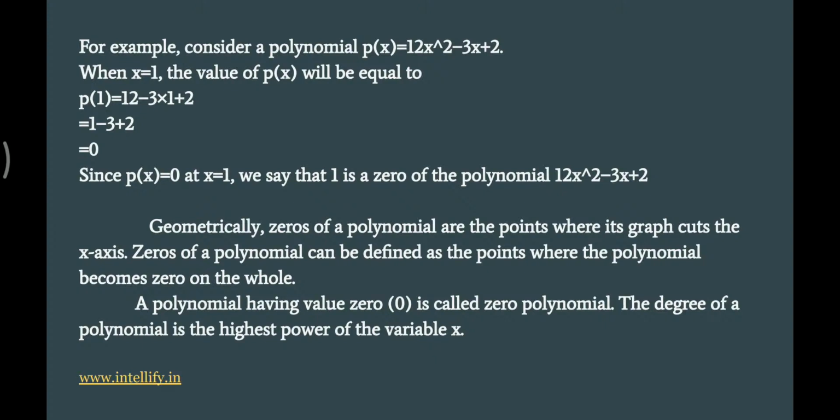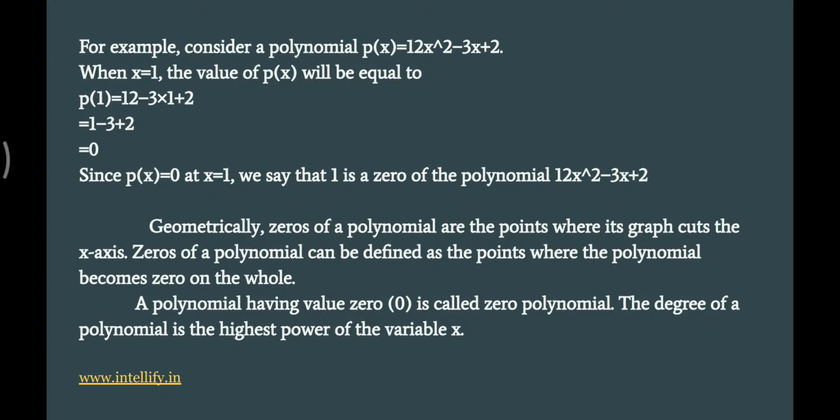If we get the value 0, then we can say 1 is a zero of the polynomial. So p of 1 equals 12 minus 3 into 1 plus 2, which is equal to 0. Since p of x equals 0 at x equals 1, we say that 1 is a zero of the polynomial.